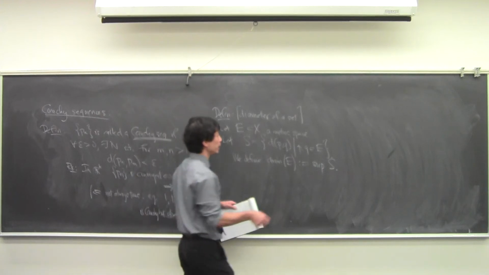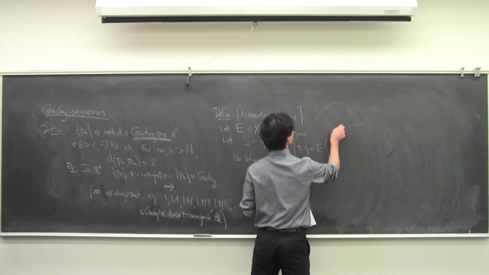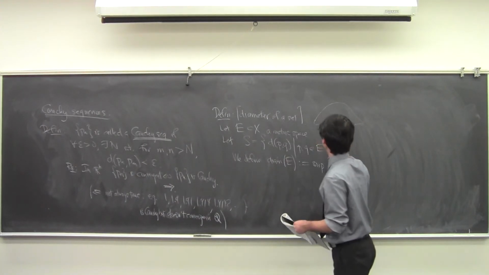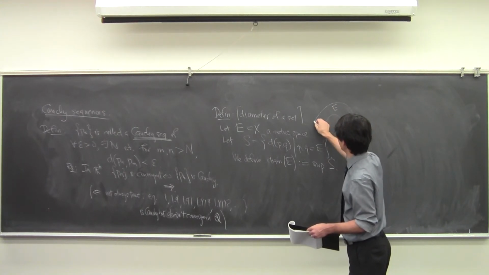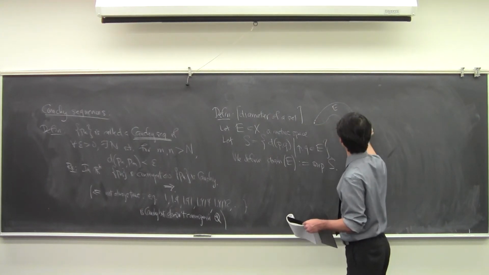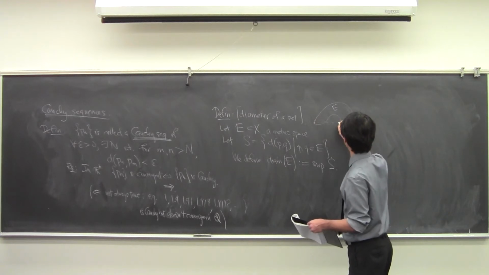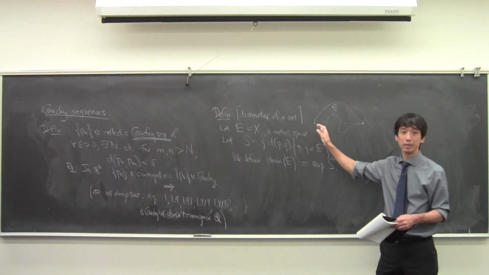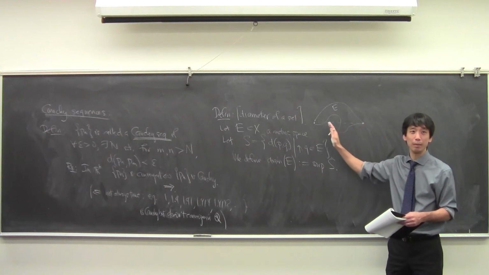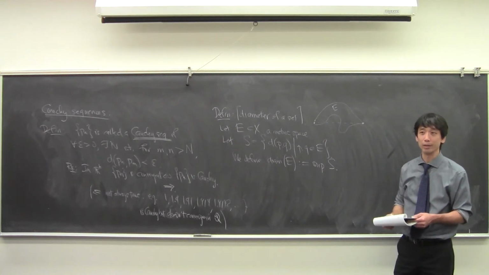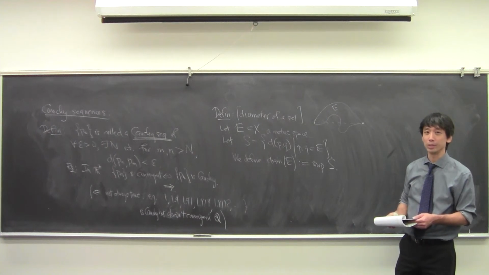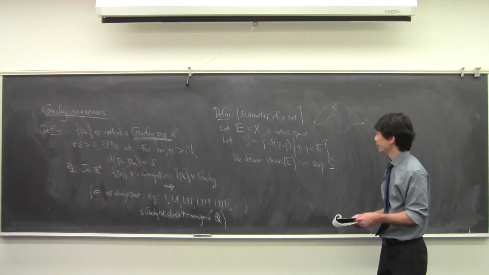So if you have some set E, the diameter is the largest distance you can get between two points in your set. Actually, the least upper bound of those possible distances.